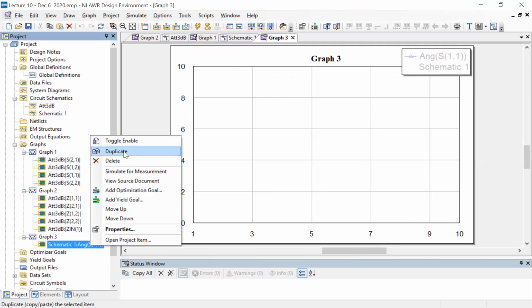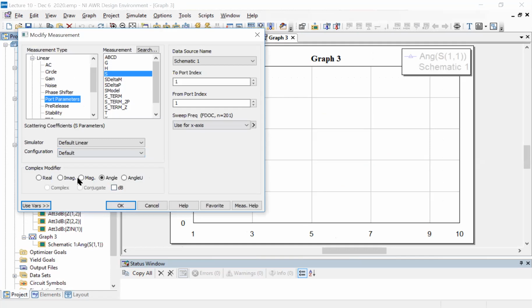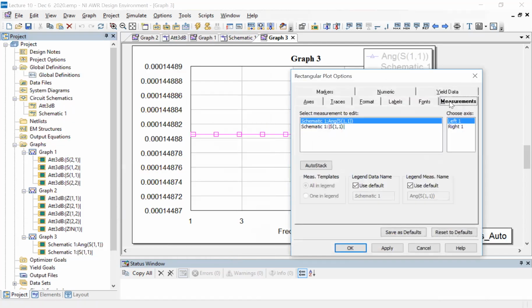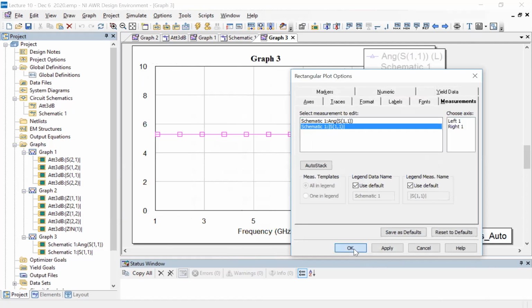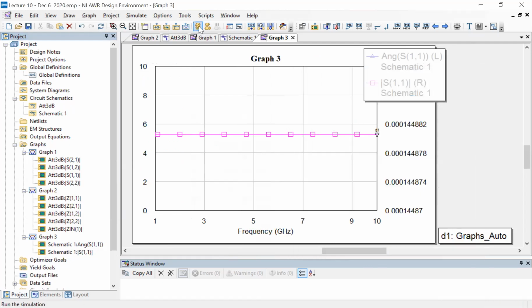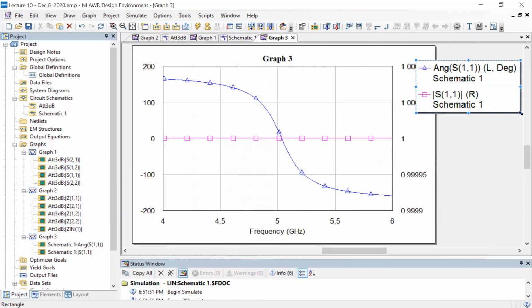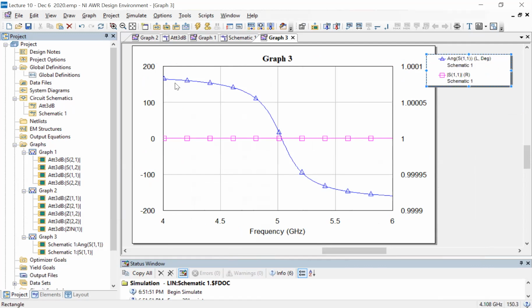Let me just add the magnitude as well. Okay, so we know this, very familiar. The phase is on the left and the amplitude is on the right. So this gives you plus 180 to minus 180 going through 0, and the magnitude is 1 as expected.